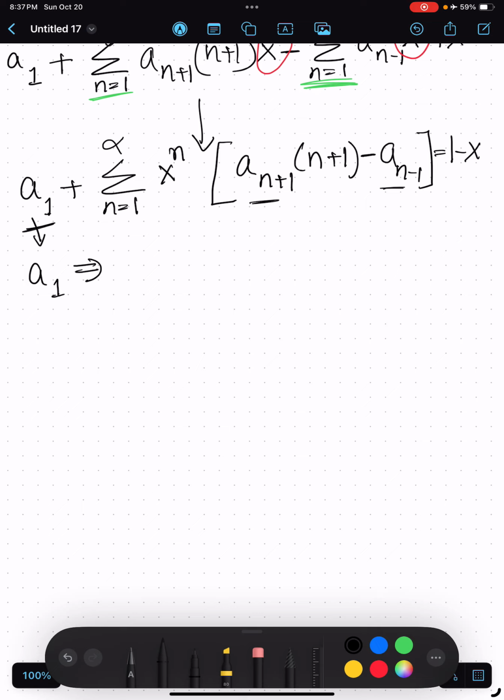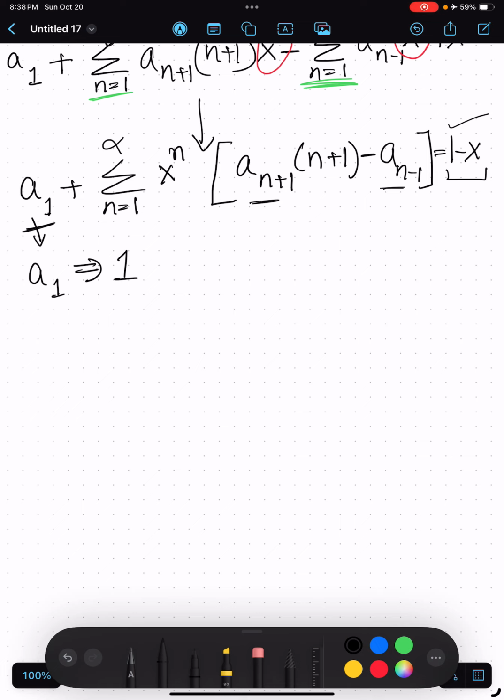And we can see that there is no x attached to it. That means it's just a constant number without any x. And if we look on our right-hand side, we see that there's two terms and there's just one term without any x, which is just a constant, which is 1. So we can write that a sub 1 is clearly equal to 1.